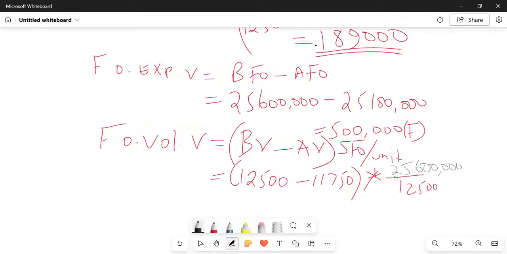So then can you kindly give me this answer here? Just try your best. Budgeted over budgeted gives the standard fixed overheads per unit.